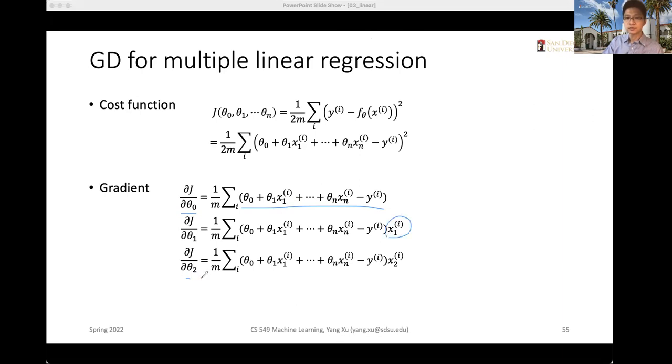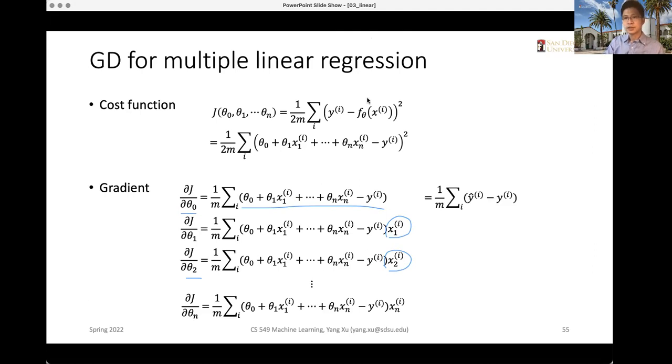For theta 2, there should be an additional term x2 here, until theta n. Actually, if we simplify the terms inside here into the y hats, it will be the same format or the same formula as the previous simple linear regression example.